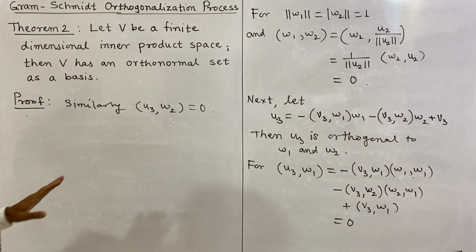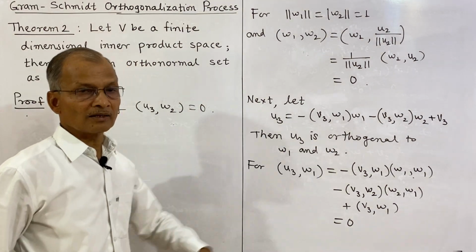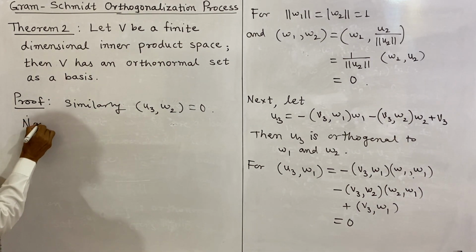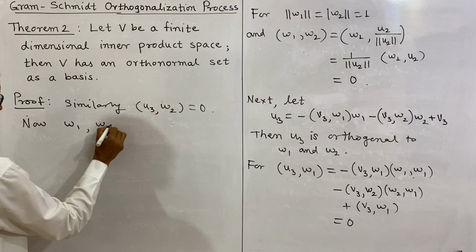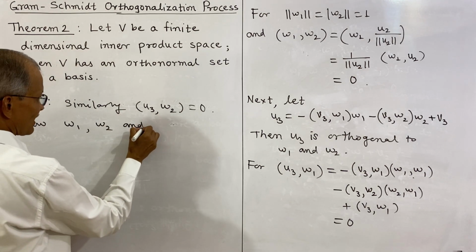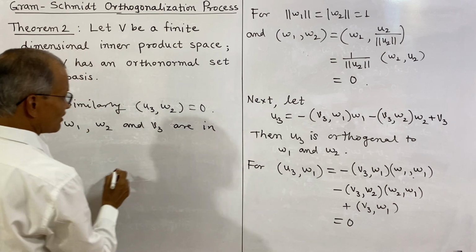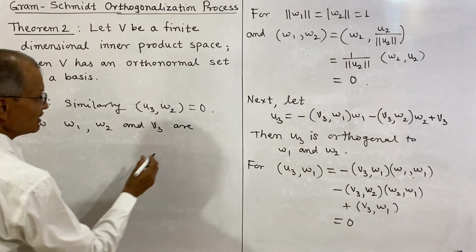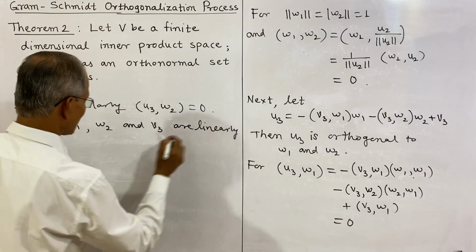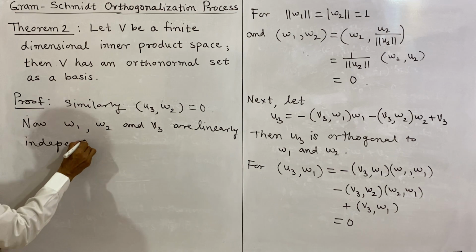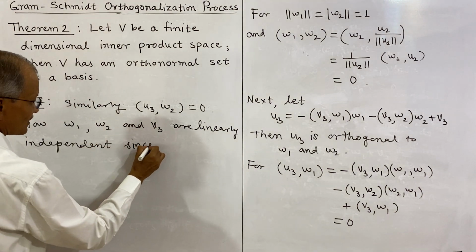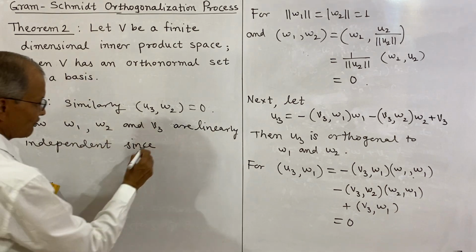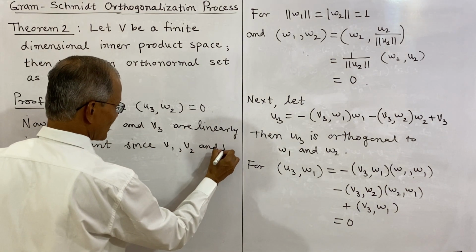Now W1, W2 and V3 are in the linear span, or these are linearly independent, since V1, V2 and V3 are linearly independent.